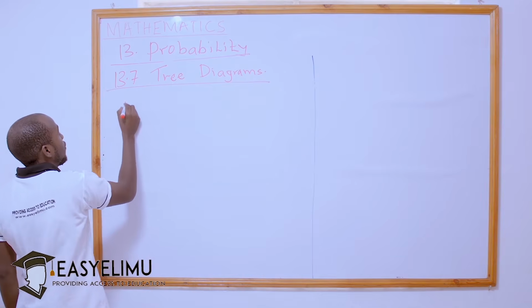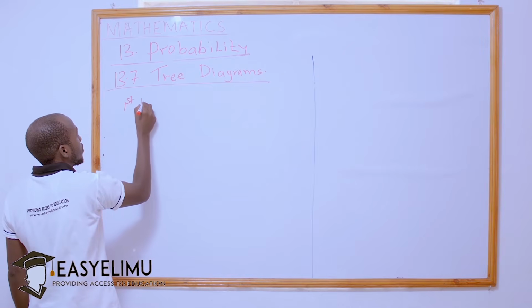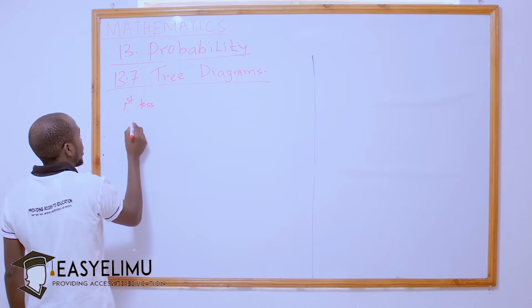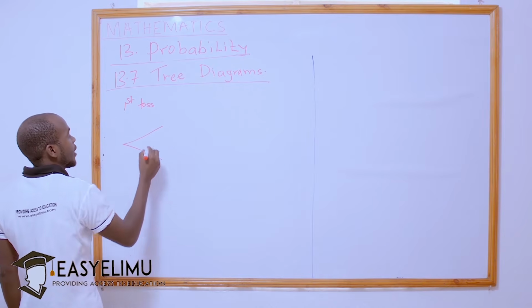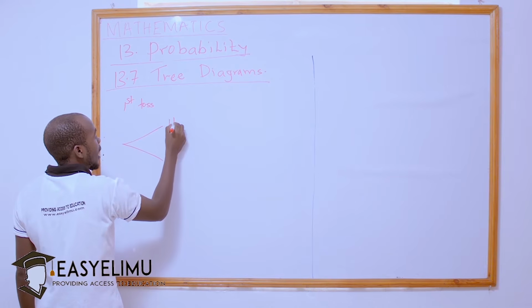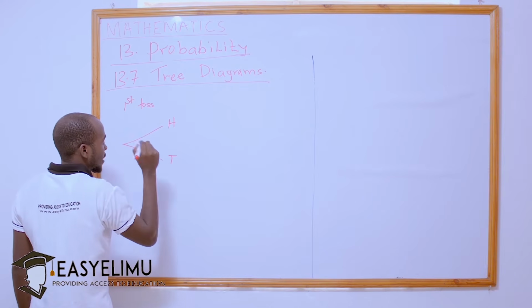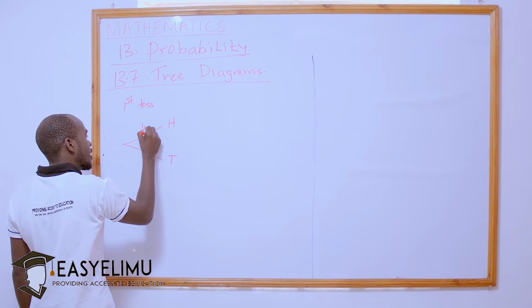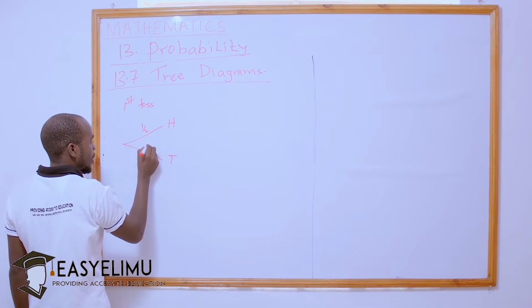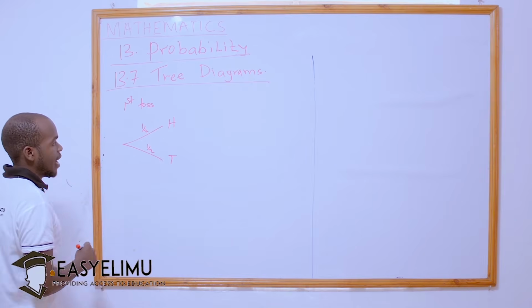So in the first toss, we shall have this branch here, and this one may be either a head or a tail. If it is a head, I know the probability of getting that is a half, and the probability of getting a tail is a half.